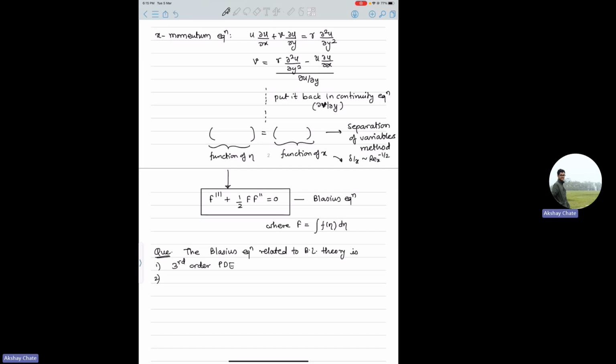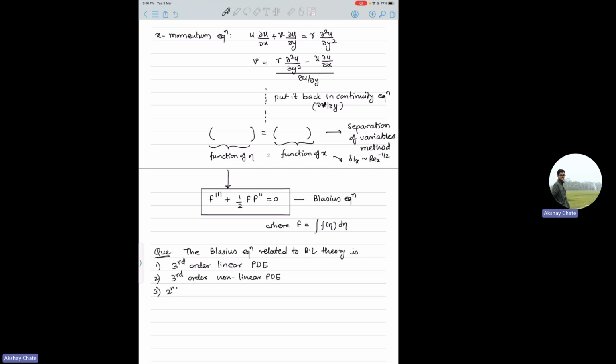Second option, third order linear PDE, and then there was another option, third order non-linear PDE.